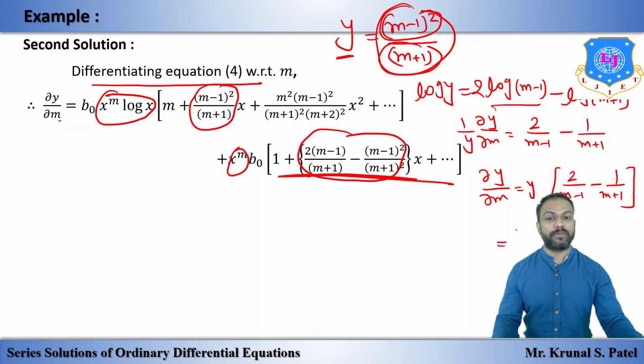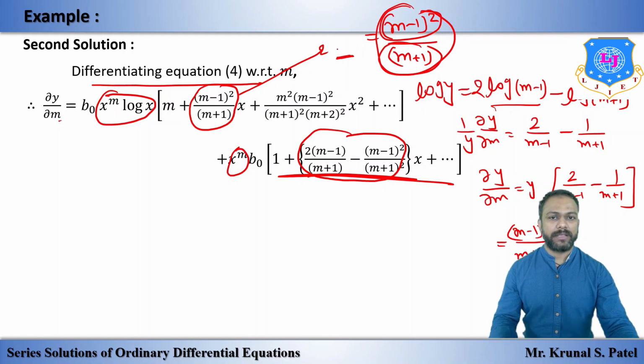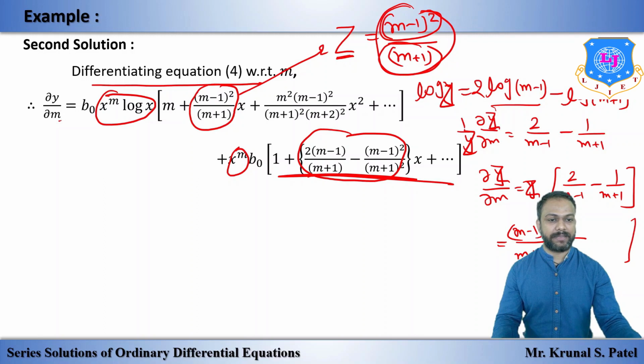Now what is the value of y? So we have y is m minus 1 whole square upon m plus 1. This is our y. Now we just supposed this, not that original y. We just suppose y. Instead of y, we can suppose z also. So we will suppose z. So what is the value of z? This. And now if we multiply this inside this term, you will get this bracket, this bracket.